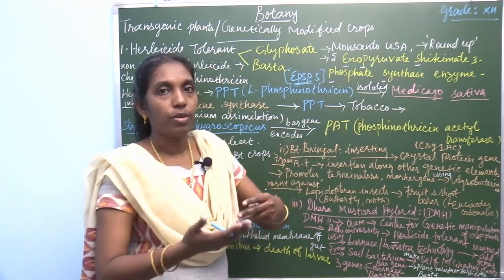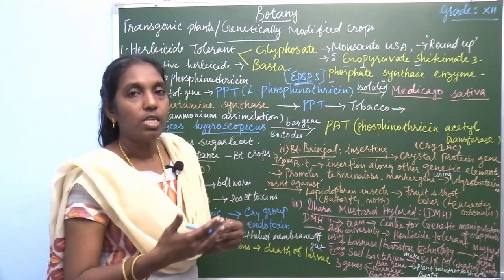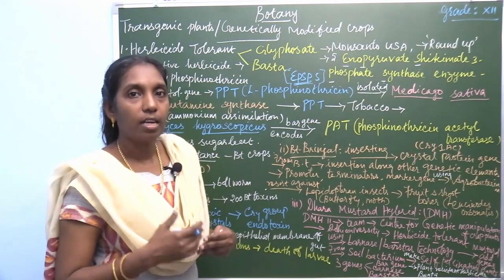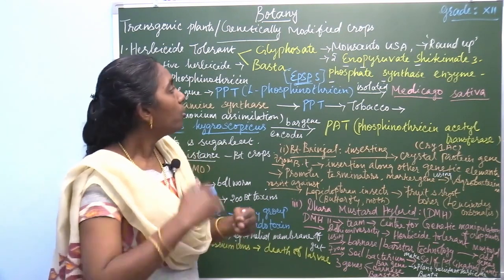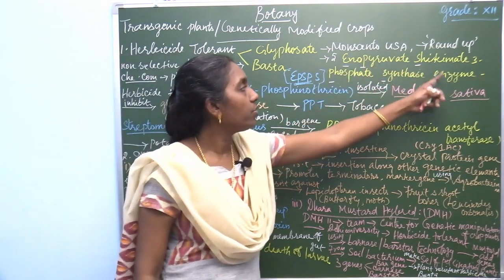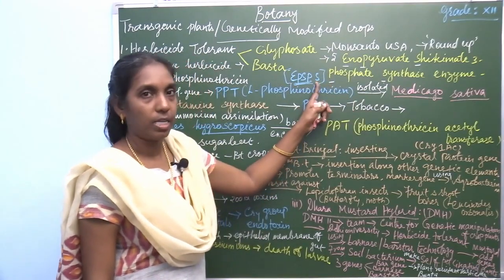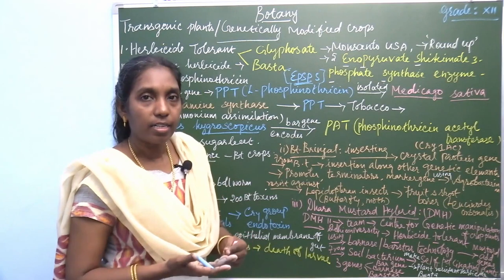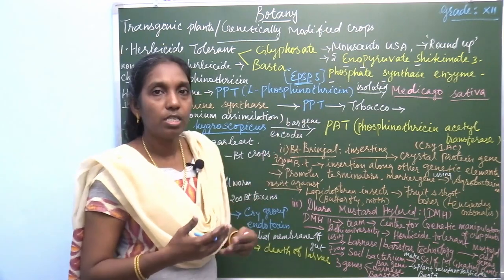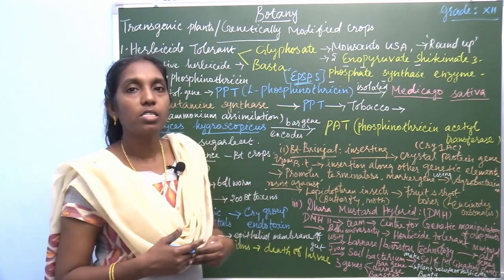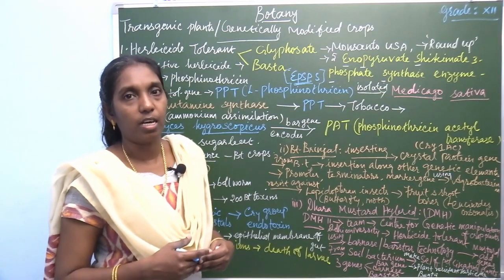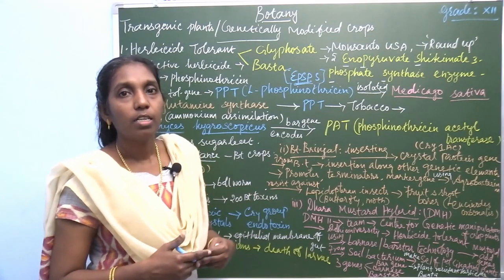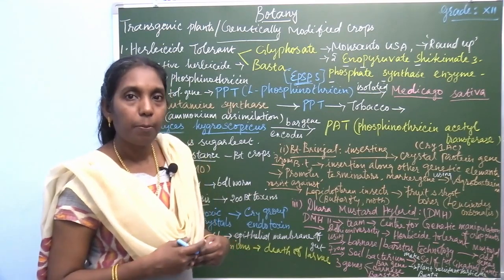When these genes are incorporated into the plant cell, the cell has the ability to tolerate the activity of this enzyme EPSPS. That is one strategy. Another strategy is that this gene can be incorporated by soil bacteria. Bacteria are used because a vector is needed. It's selected from the bacteria.